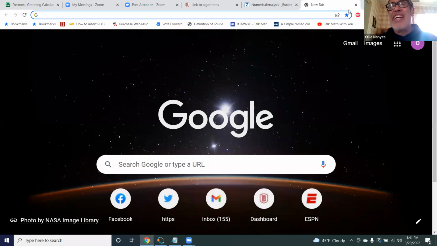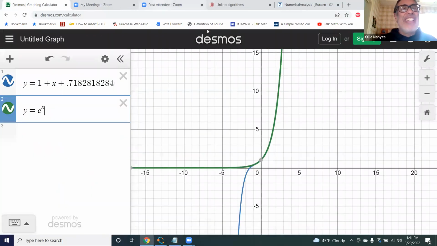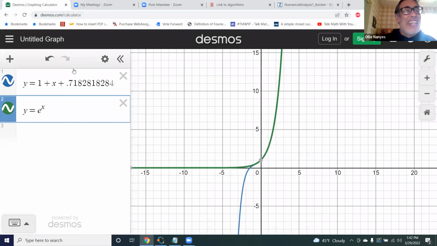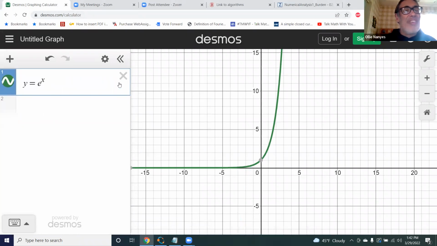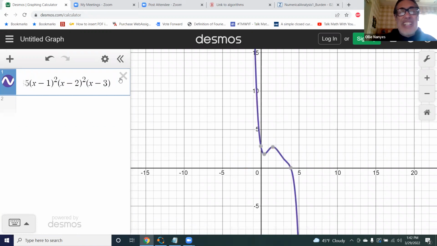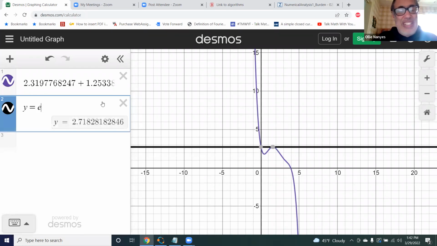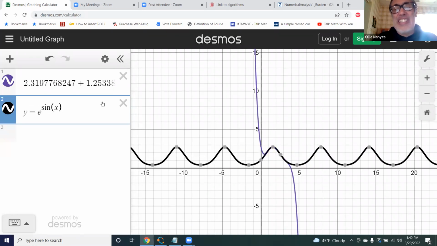I don't know what is going on here, this is just so sensitive. All right, let's do a new one. Okay, there's our polynomial, and here's the function we're approximating, e to the sine x.